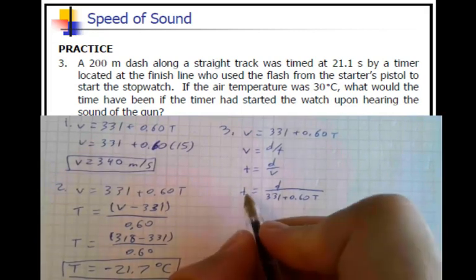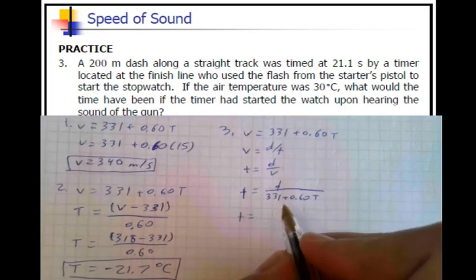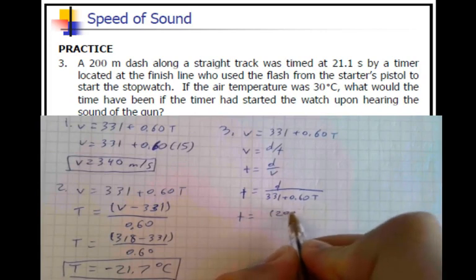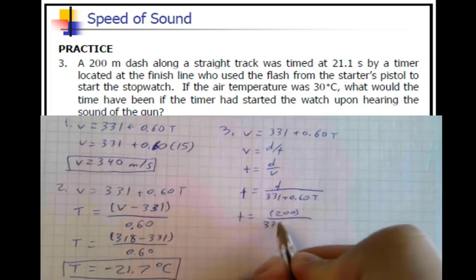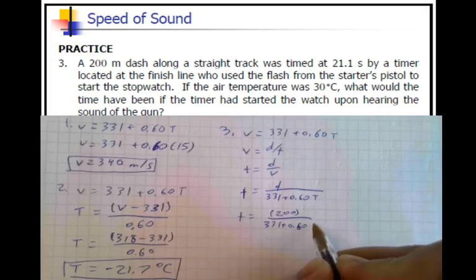That works out to 200 over 331 plus 0.60 times 30.